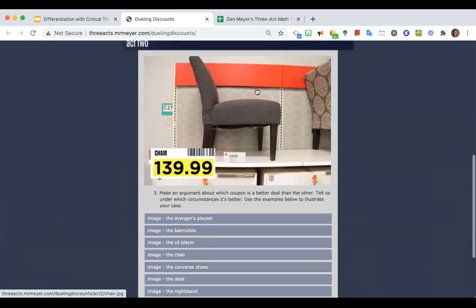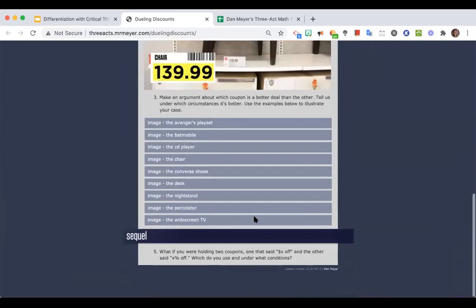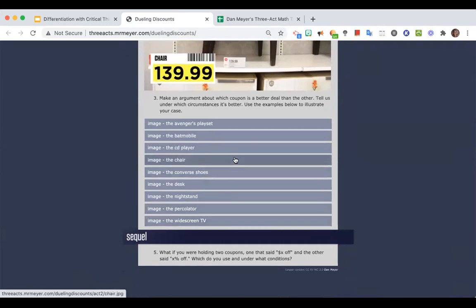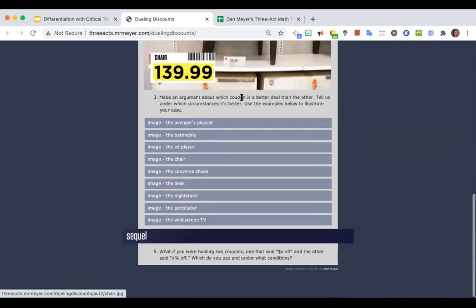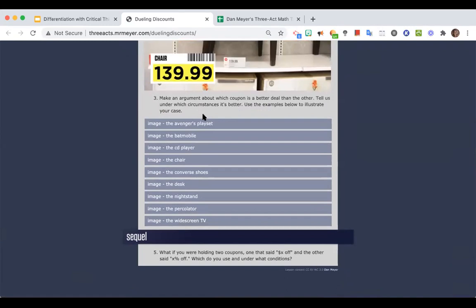So here we have one item, but there are also other items underneath. Again, this is scaffolded, and this is tiered in terms of pushing our students towards critical thinking. So after you have identified which students will do which acts, you can decide who is going to take on the prequel or the sequel.